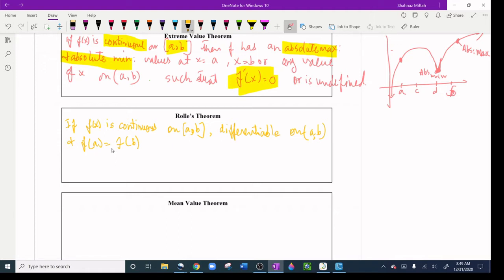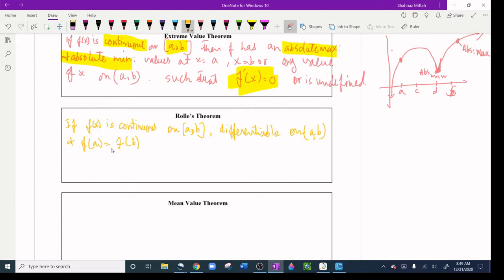Continuous, it has to be continuous, it has to be differentiable, and f of A is supposed to be equal to f of B. If these 3 conditions are there, then we apply the formula, which is f prime C equals 0. Done.